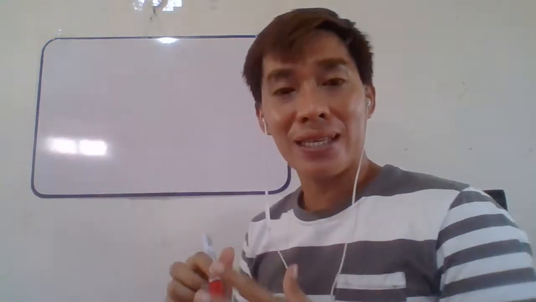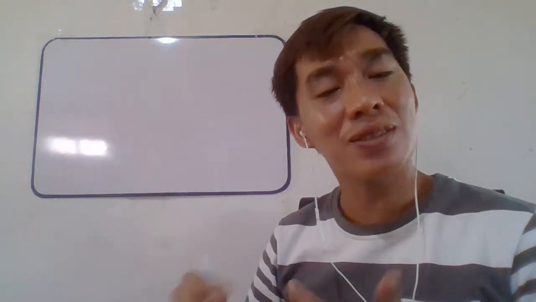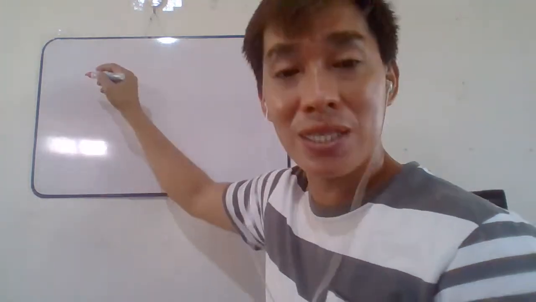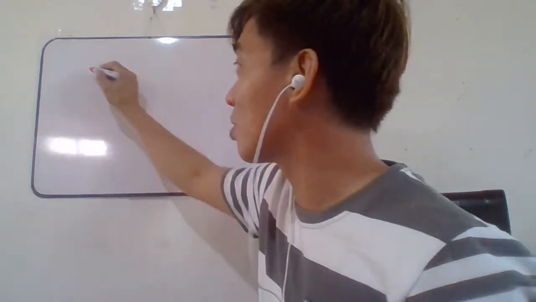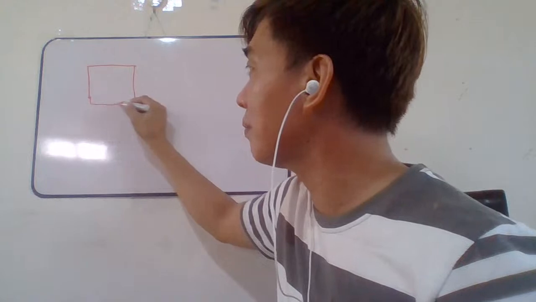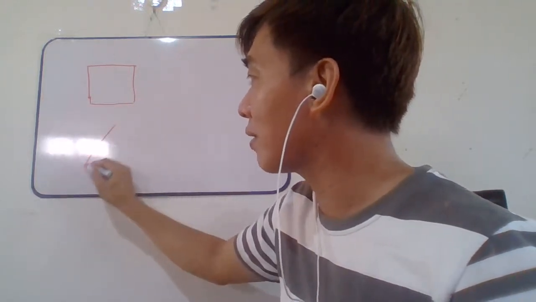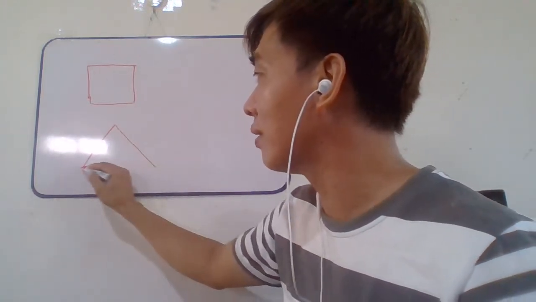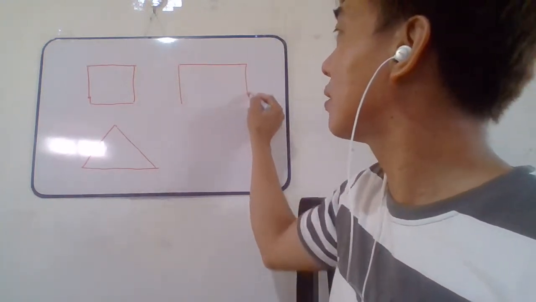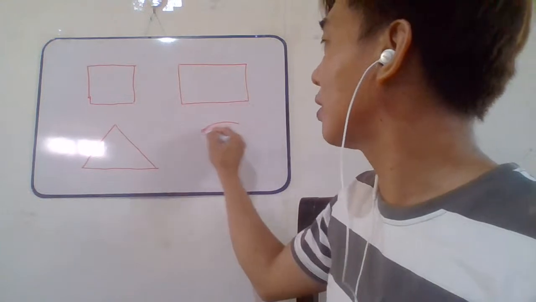First, let us review how to get the area of the following figures. The basic figures that I am referring to are the square, the first one, and of course we will try to get the area of the triangle, rectangle. These are the basic ones, and of course the circle.